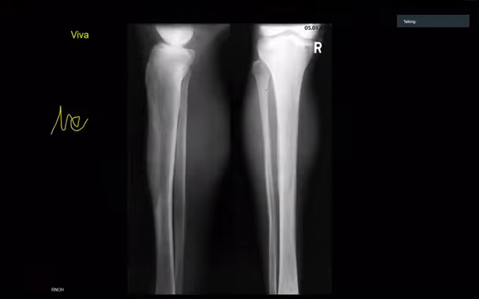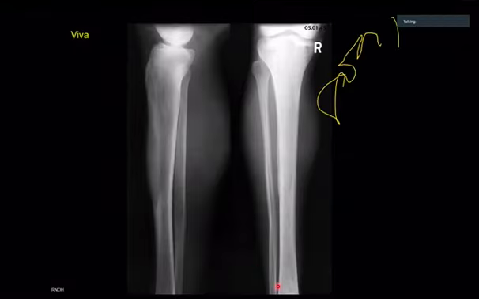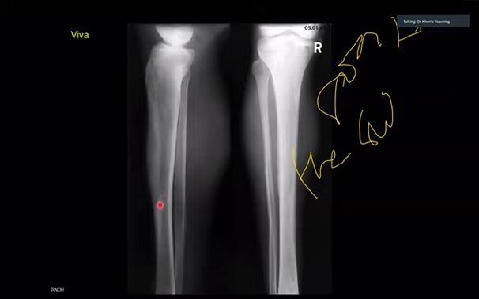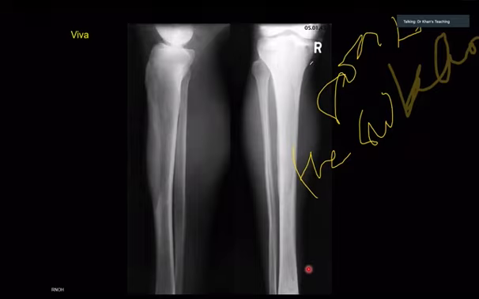And so the point is that here, if you see, this is known as the blade of grass appearance, also flame shape, where there is a transition between abnormal and normal bone, and this is considered pathognomonic for Paget's disease.